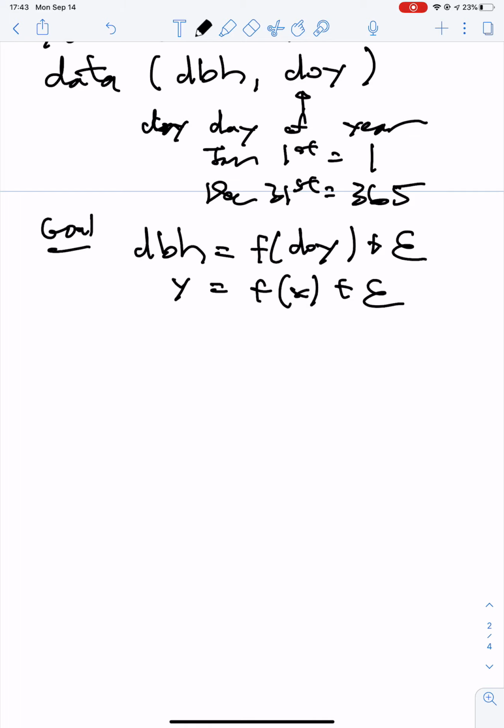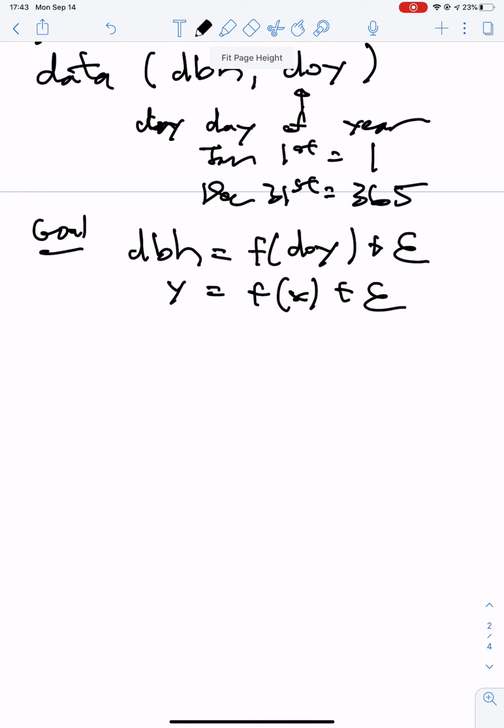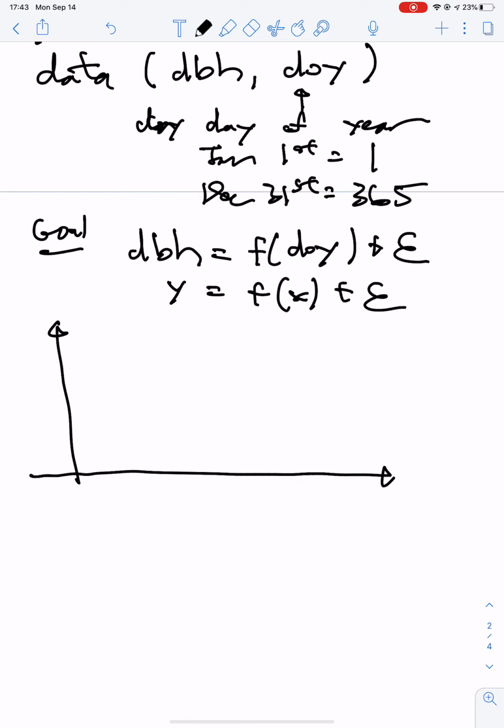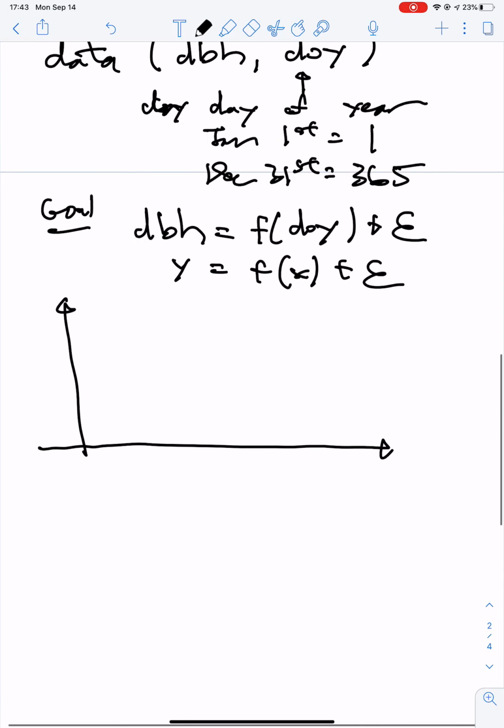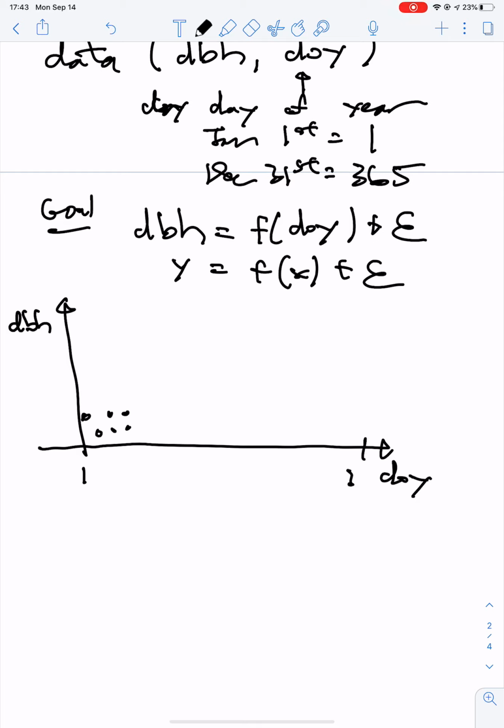Now, what this kind of data typically looks like is something like this, all right? I should label my axes. This is day of year. You have dbh, all right? And let's say this is 1, and this is 365.